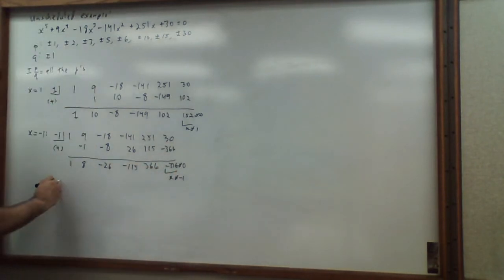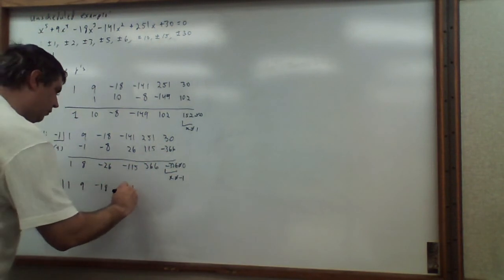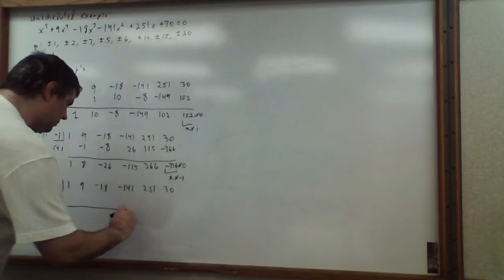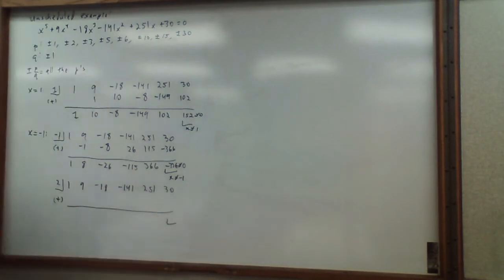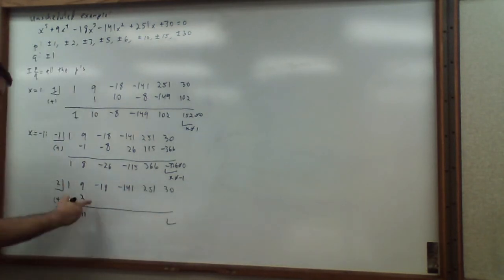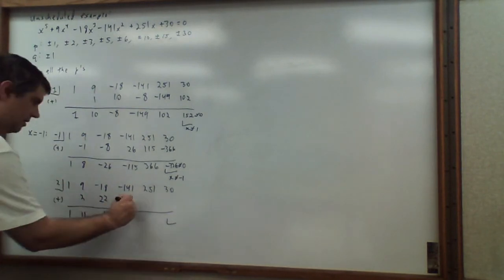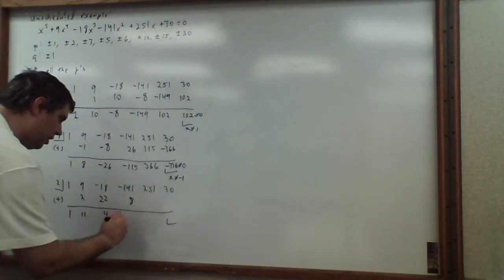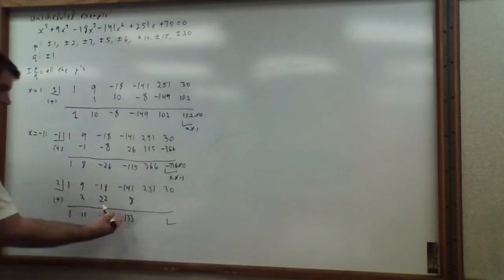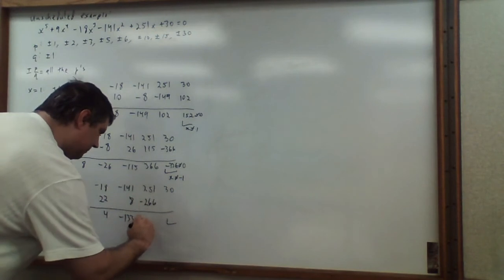So now we'll try 2. 1, 9, negative 18, negative 141, 251, and 30. Okay, bring down the 1. 1 times 2 is 2, that's 11. 2 times 11 is 22, that's 4. 2 times 4 is 8, that's a negative 133. 2 times negative 133 is negative 266, that's negative 15.